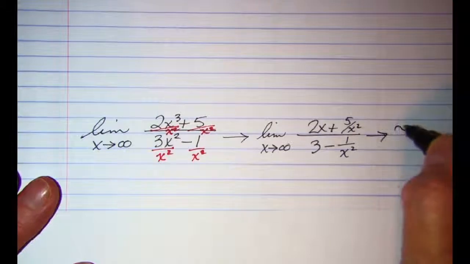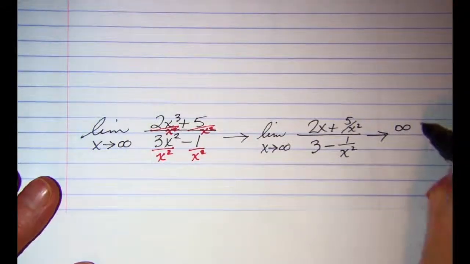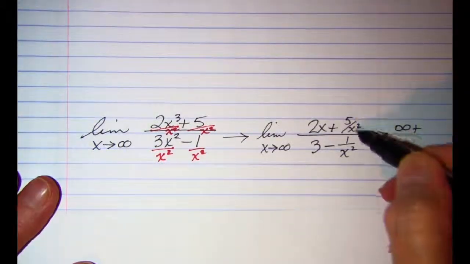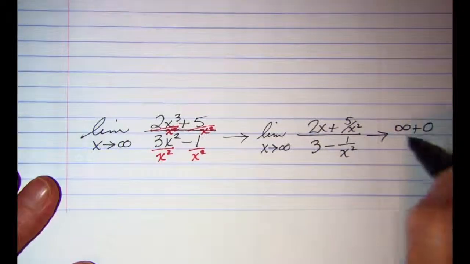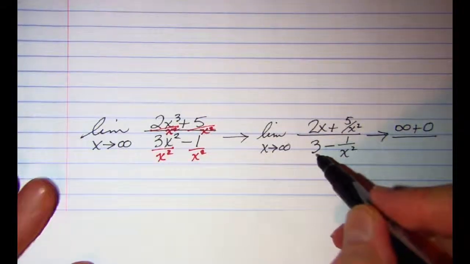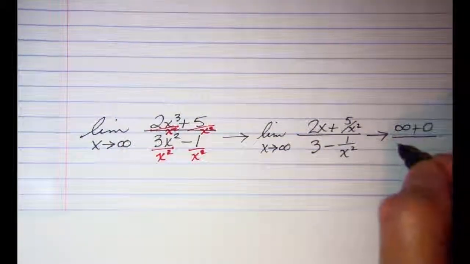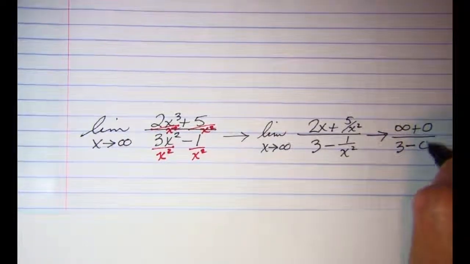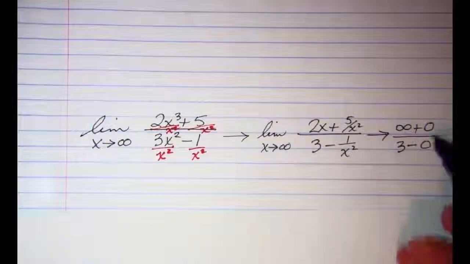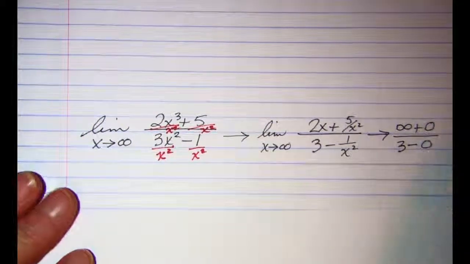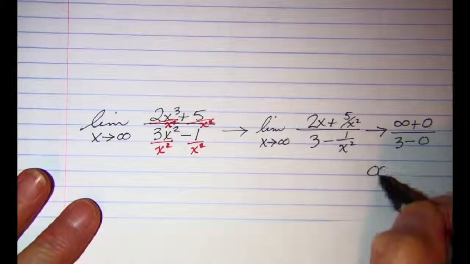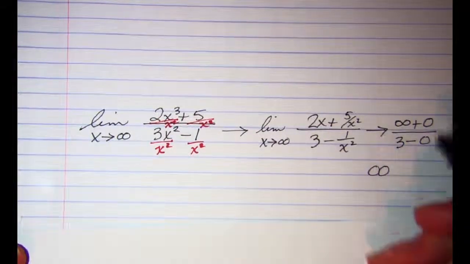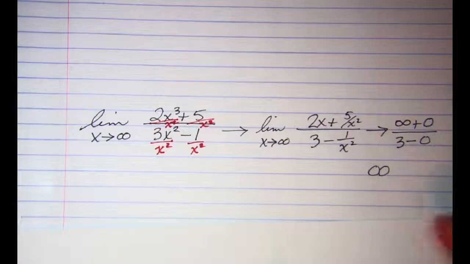So I have infinity plus 0 over 3 minus 0. So this is infinity over 3, which is infinity, and a finite limit does not exist.